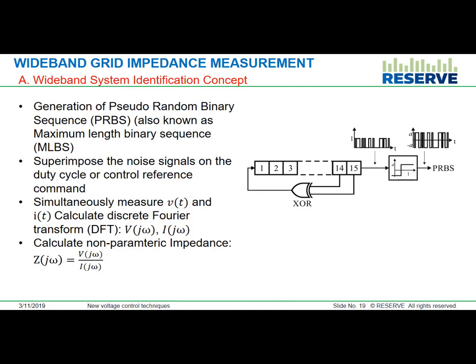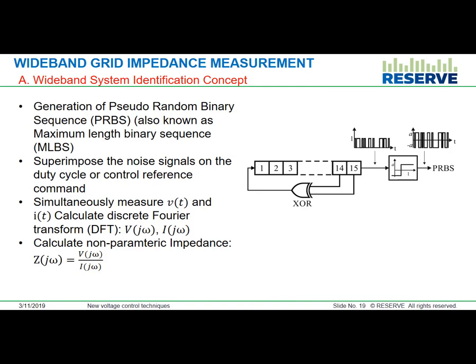For example, in this case, there are 15 bits which shift with each clock cycle. The 14th and 15th bits are XORed. By XOR gate we mean that only one input should be true for the output to be true. That is fed back to the first bit. So this generates a white noise.